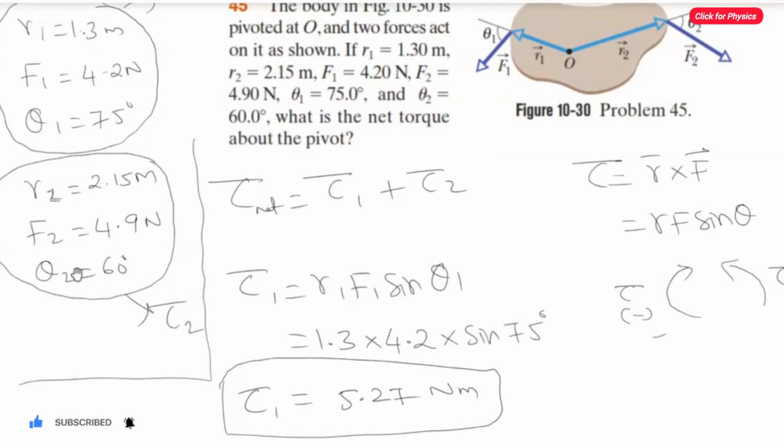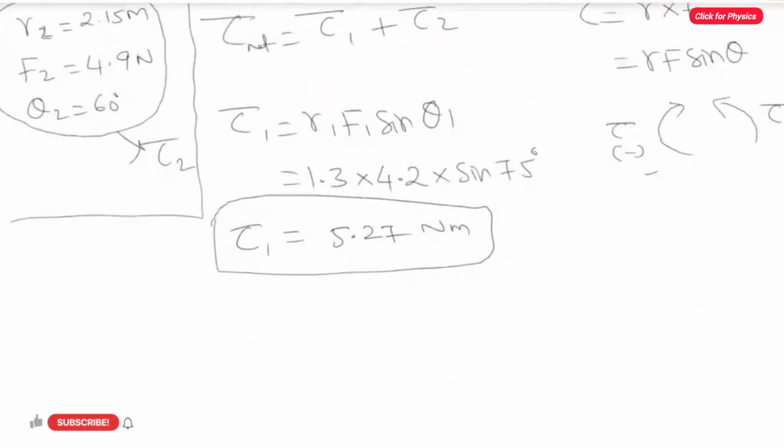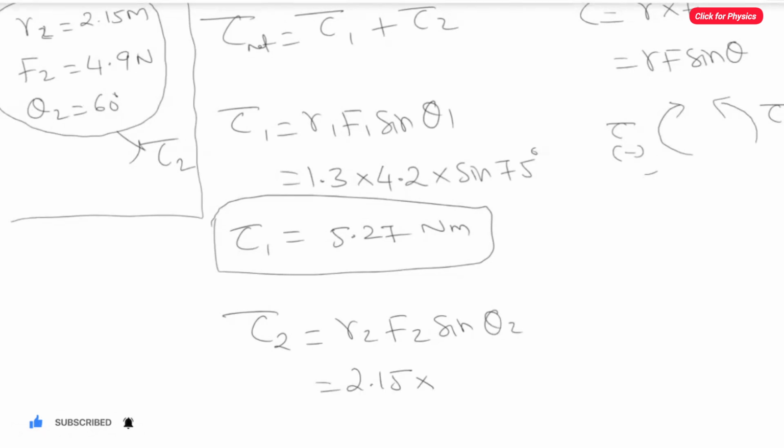Now by using the second set of the data, I'm going to find torque tau 2. So tau 2 is equal to R2 F2 sine of theta 2. So R2 value here is 2.15 multiply 4.9 multiply sine of 60 degree. Let's see what is the answer.